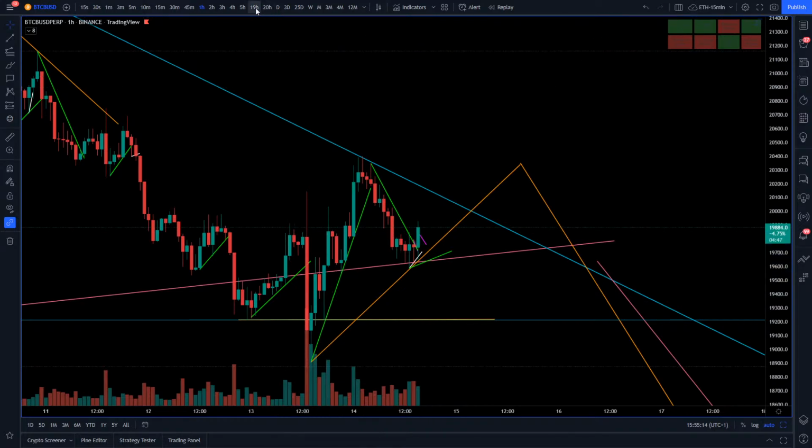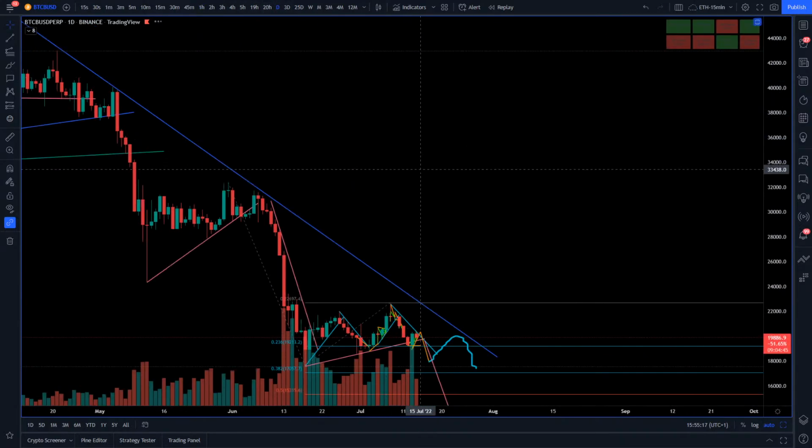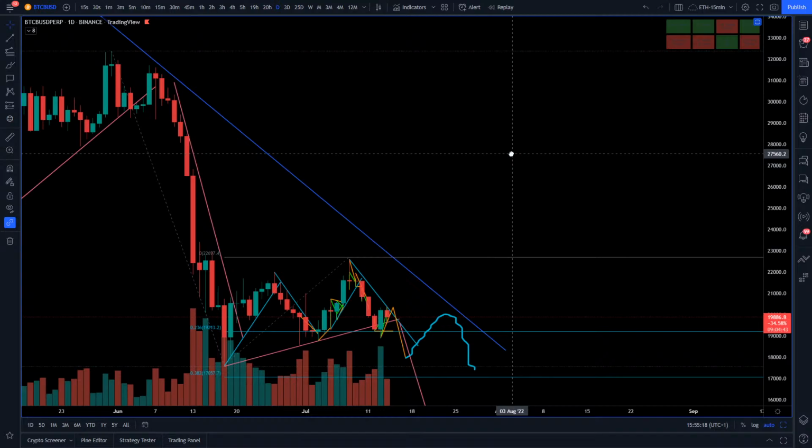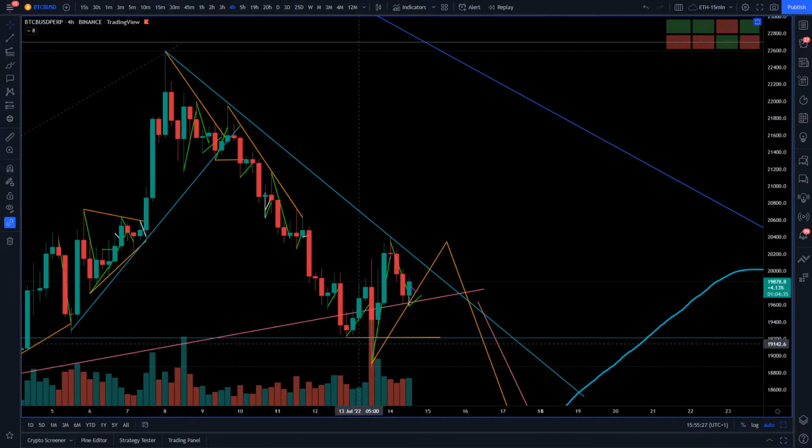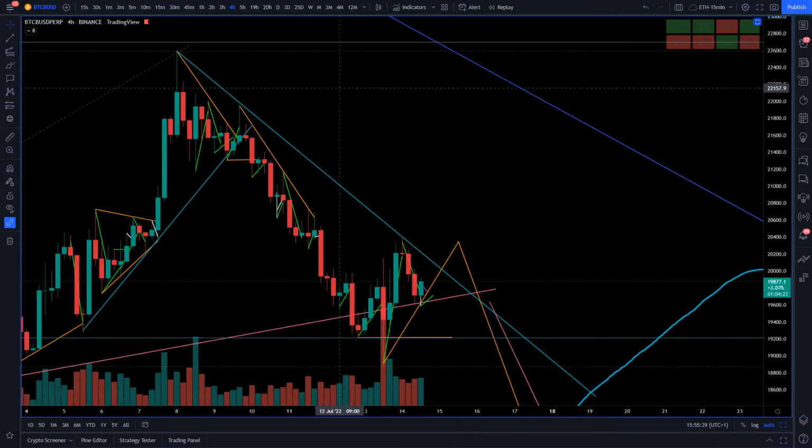So the orange. Let me check further. The orange retracement may not be over yet. So if this whole thing is orange reversal, then we have orange going up. Right now, we have orange going up.